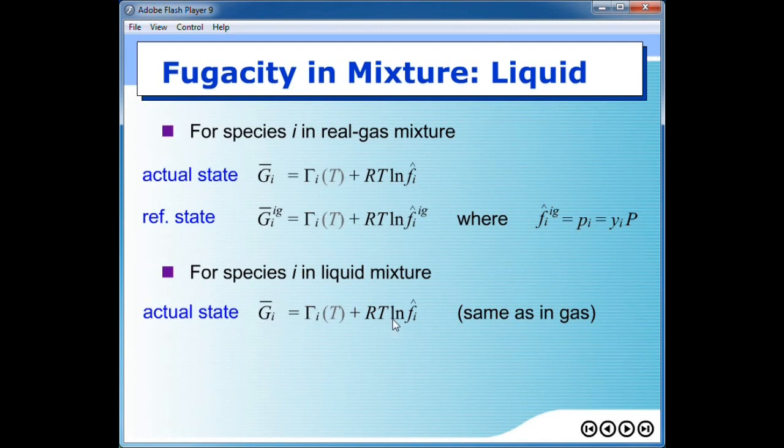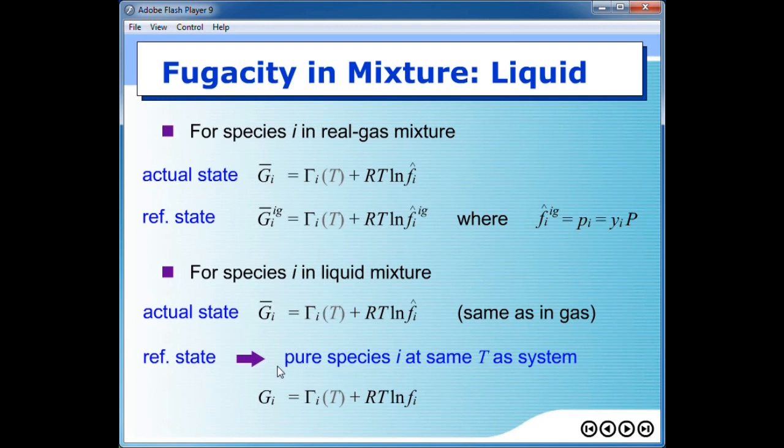So the equation remains the same. However, the reference state must be changed because we cannot use ideal gas as a reference for a liquid mixture anymore. Instead, we have to choose a new reference state. In this case, we choose the reference state to be pure species i, the same species, but in the pure state, at the same temperature as the system.